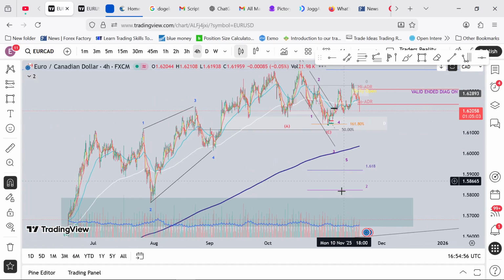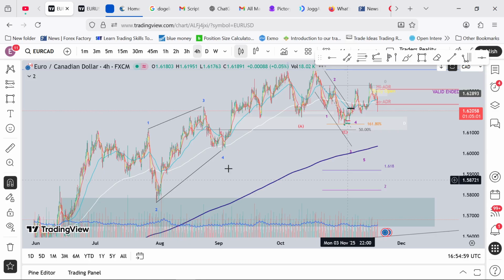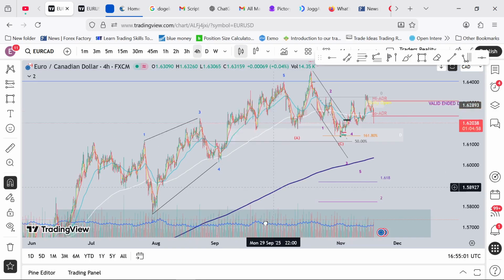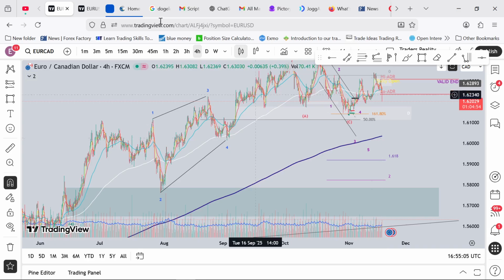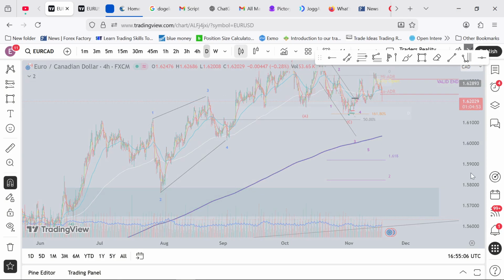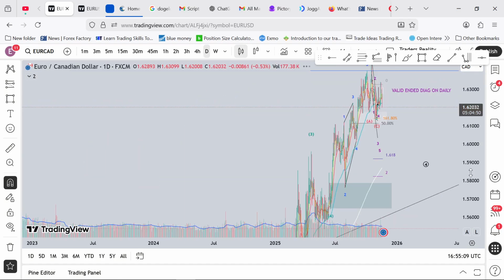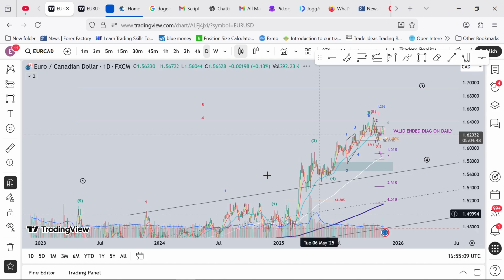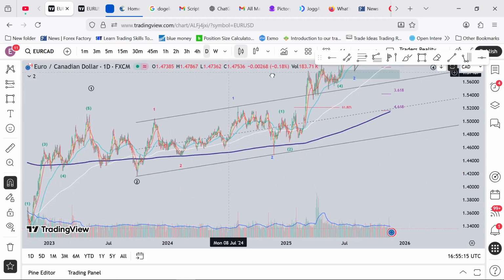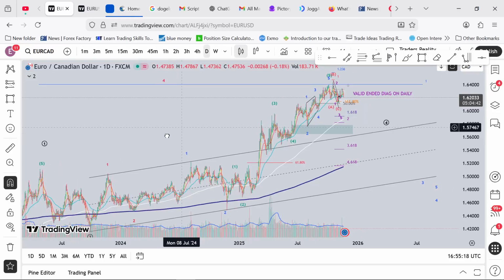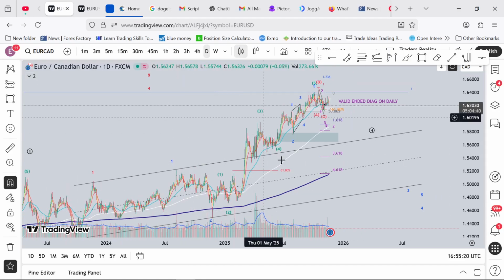On the other hand, I don't believe that this area is going to hold because of my Elliott Wave count while looking at it right now. I don't even remember what the rest of this looks like. Yeah, I'm likely to have markups on every single chart that's on my TradingView. Yeah, so if I do have a deeper look, we've got a 1, 2, 3, 4, 5.